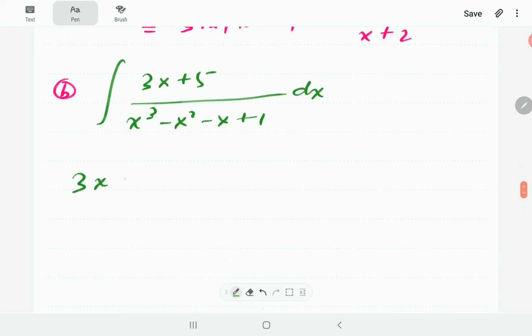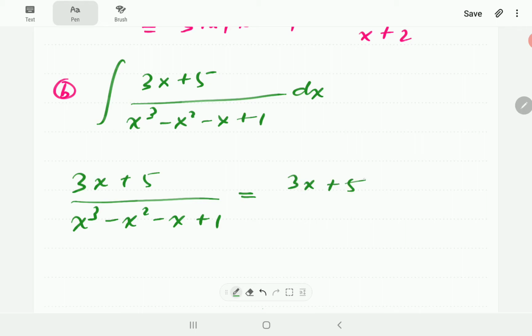The denominator here, we could factorize using the rational root theorem. However, this is one of the examples where simple inspection shows that we can factorize this by grouping. So if we group the first and the third terms, we're going to have x^3 - x.